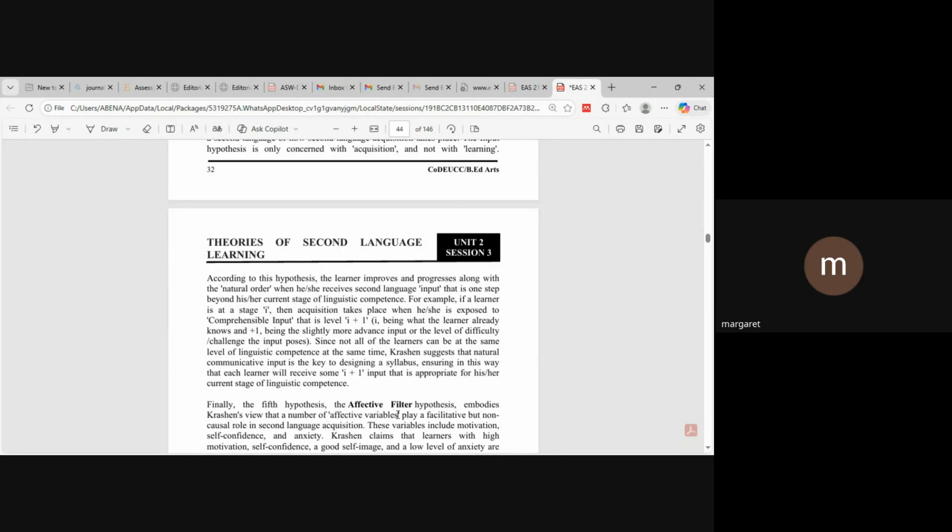And when the affective filter is lowered, it means that comprehensible input plus one will stay in the child's brain. But if in the environment there is always anxiety, the child has very low self-esteem regarding their learning abilities, there are some factors that are impeding the child's ability to receive, then it means that the filter has gone high and the child cannot learn anything.